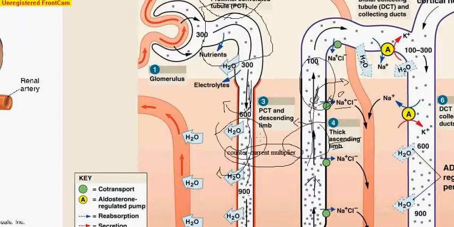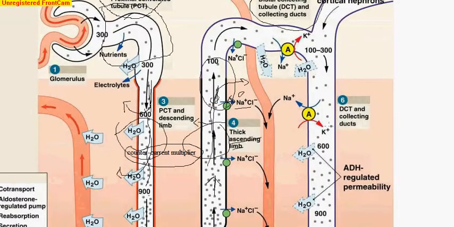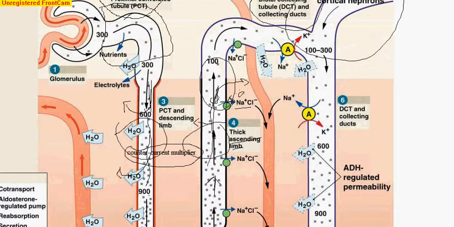Hope that's clear. And the last thing over here is the distal convoluted tubule, which is the last region, and this is divided into two regions. This first region acts the same as the ascending limb by removing the excess sodium chloride and water.